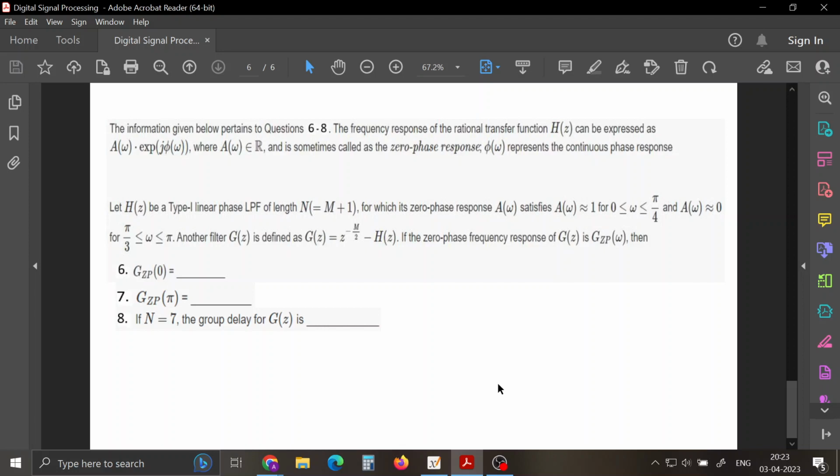It is also sometimes called the zero phase response, and this phase phi of omega is a continuous phase response. We have seen this in the lectures. If you recall the lectures, you will be able to match these words. So this is one form of expressing the frequency response.